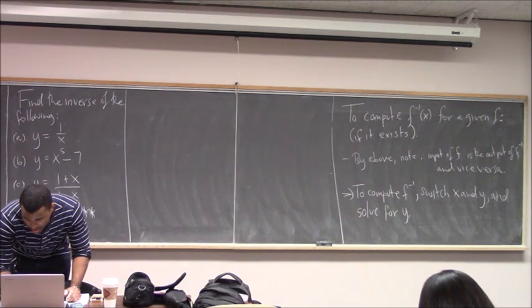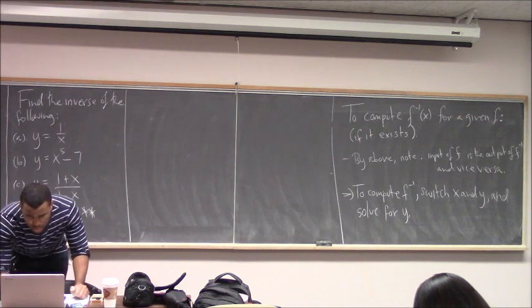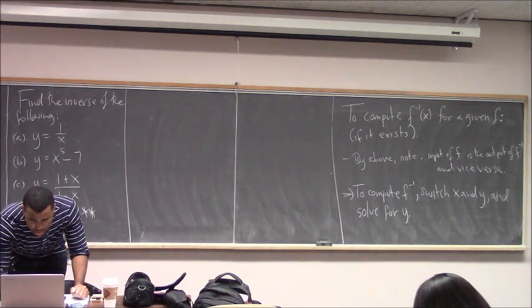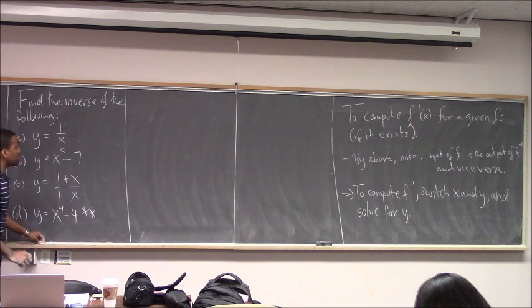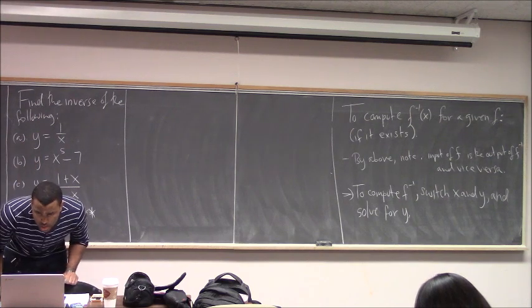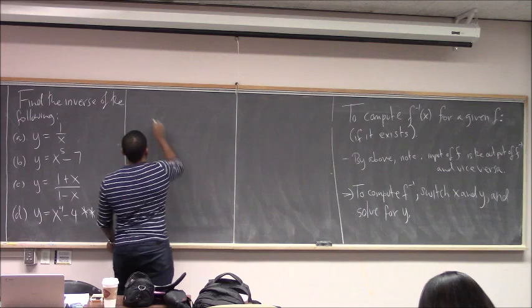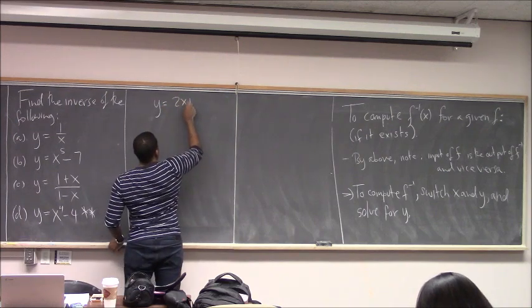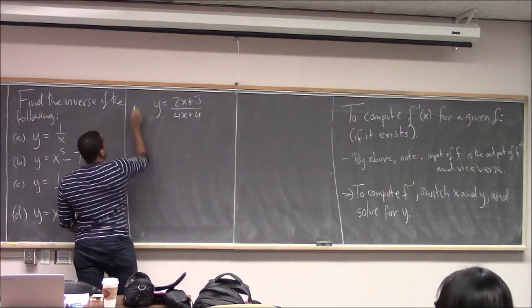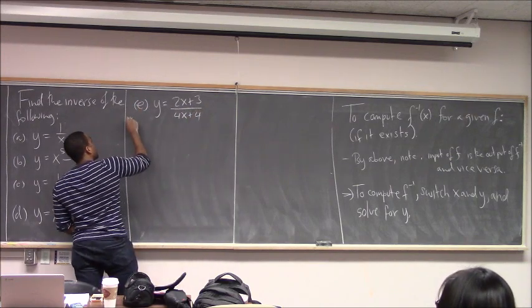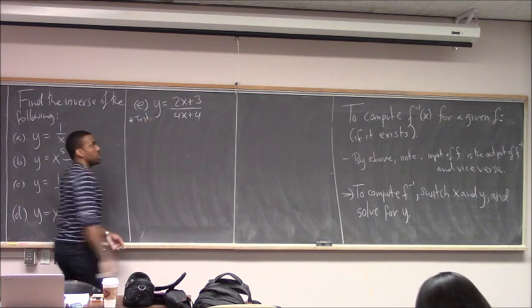But if you think you know how to do this, you can start on those. Let me just pull up an additional example here for you guys. Yeah, so in the test there was 2x plus 3 over 4x plus 4, from the bonus section.